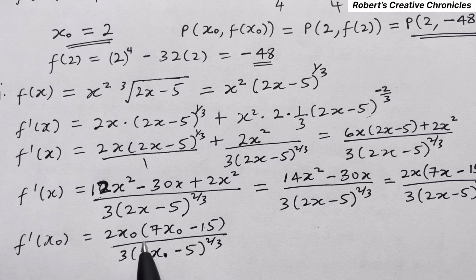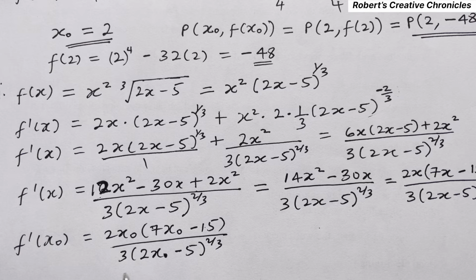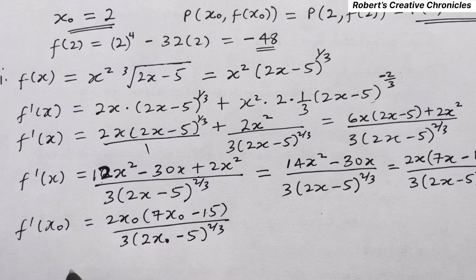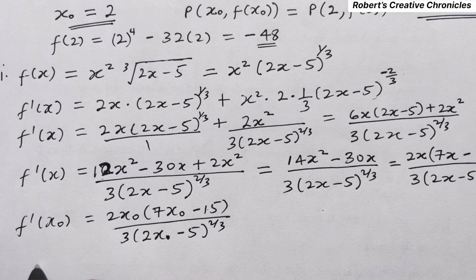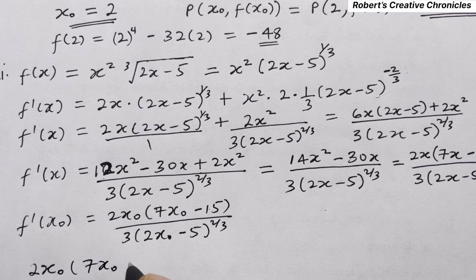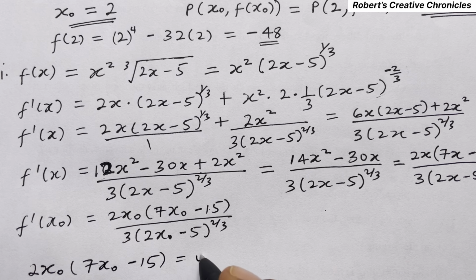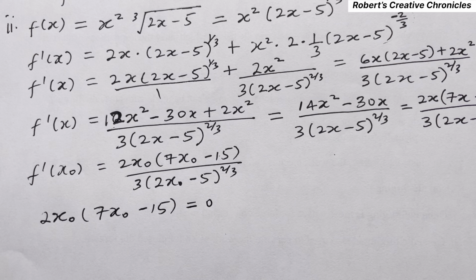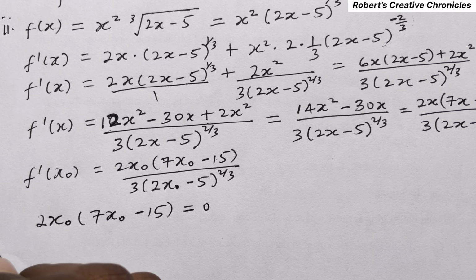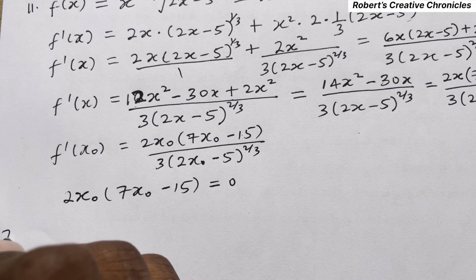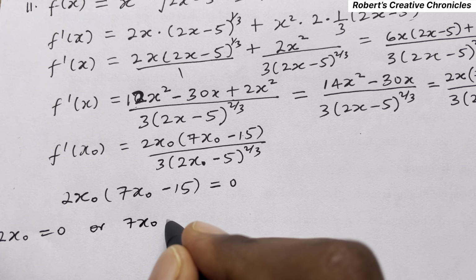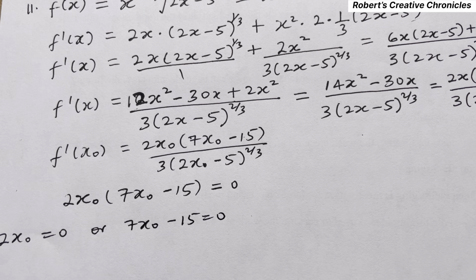So now we will equate the numerator and the denominator of this function to 0. Let's first equate the numerator, which is the top one, to 0. So 2x naught times (7x naught minus 15) is equal to 0. So 2x naught is equal to 0, or 7x naught minus 15 is equal to 0.